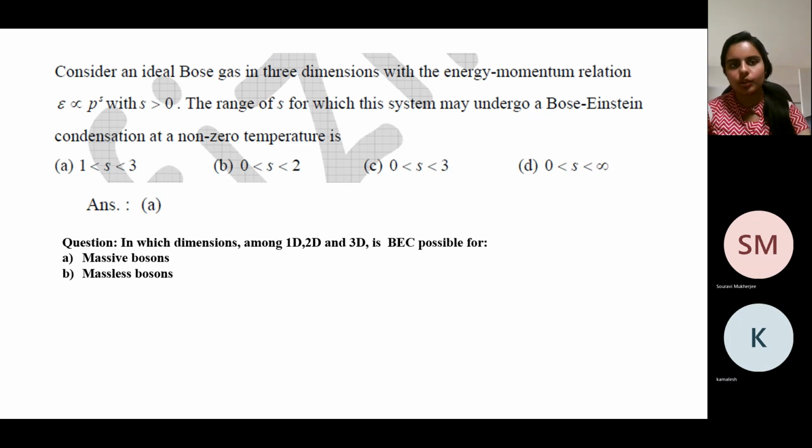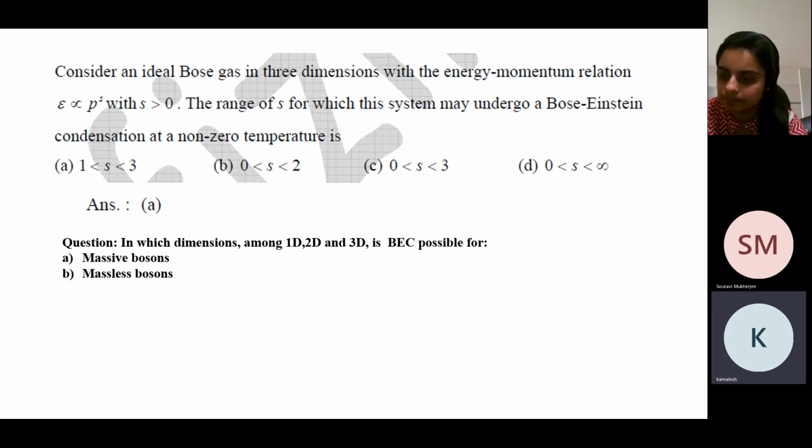So for massive bosons, what is your value of s? Ma'am, it is 2. Right, so d must be greater than 2.